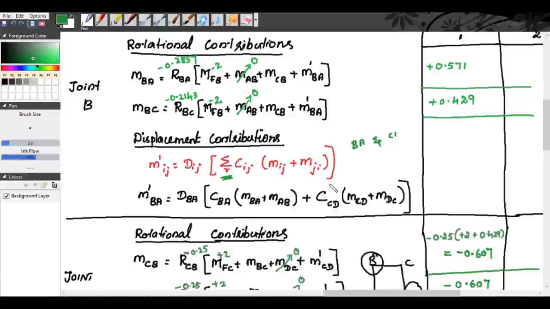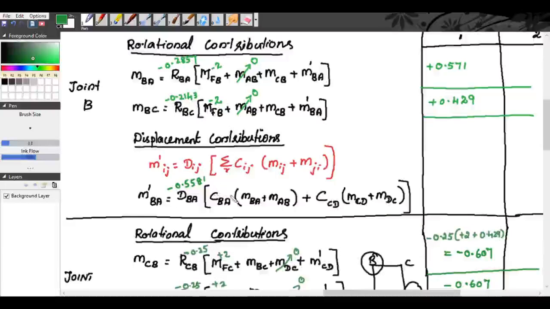So what we get is, DBA remains the same. DBA is equal to minus 0.5581.